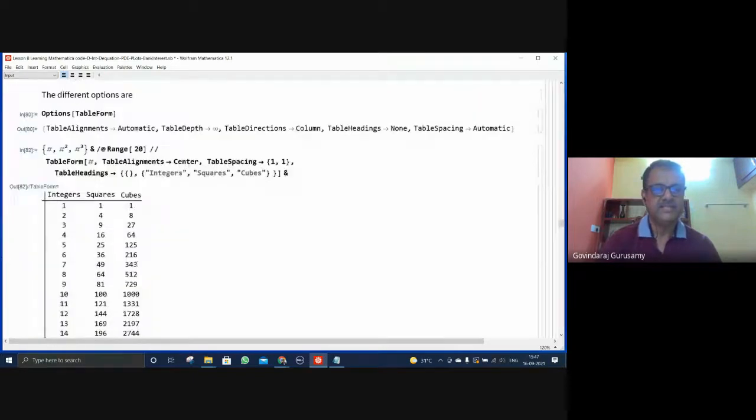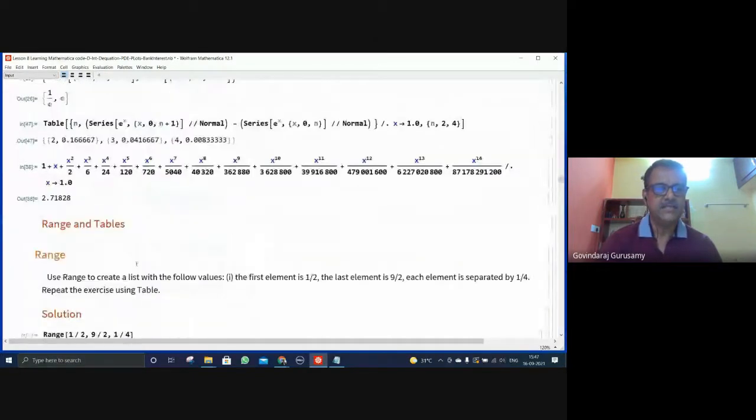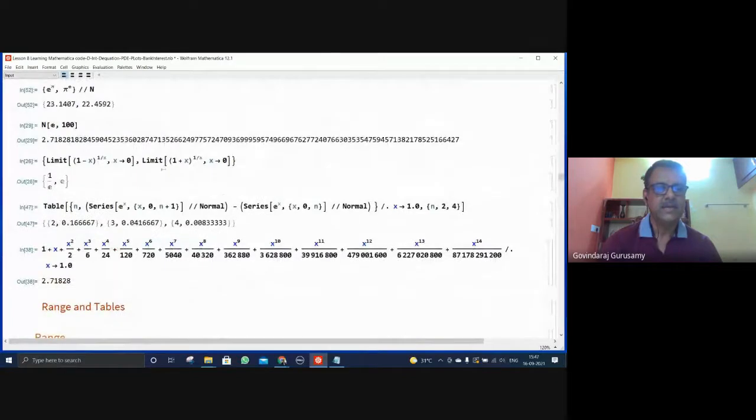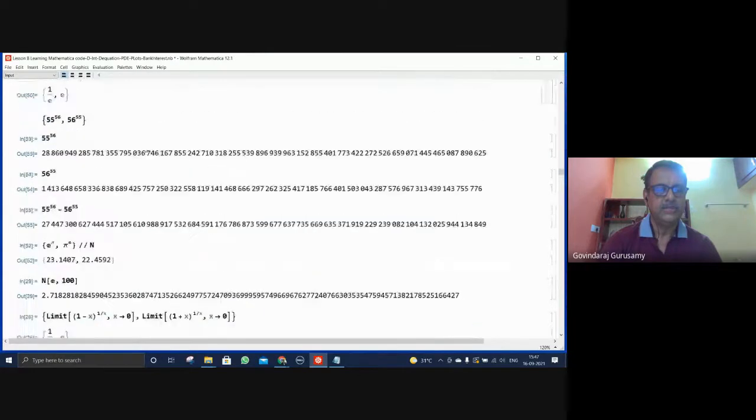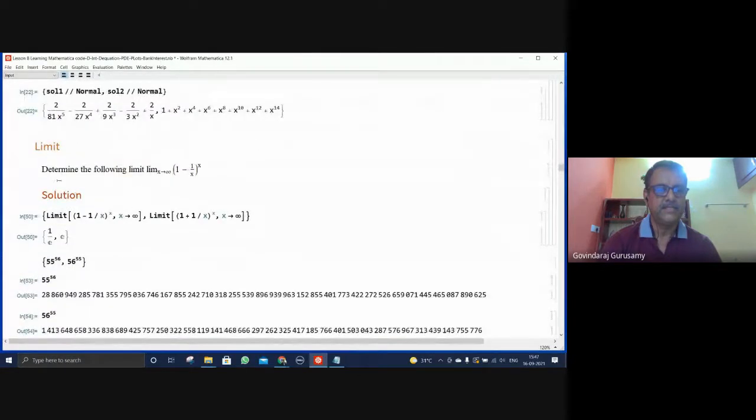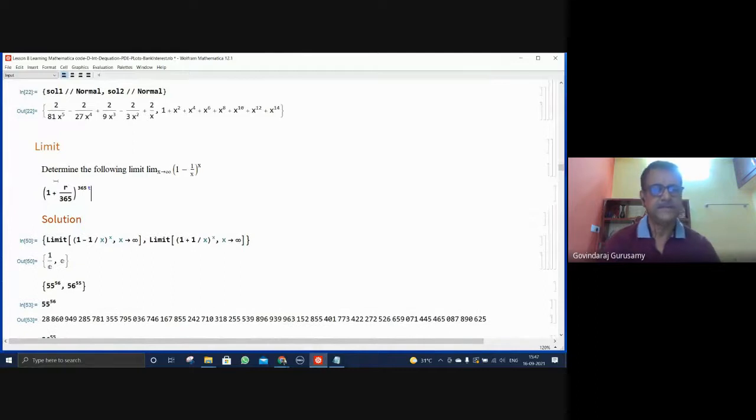You compare this with the series which we have here. The limit goes to infinity. I'll make this infinite x, and this is n x. Can I do that? And then the limit.